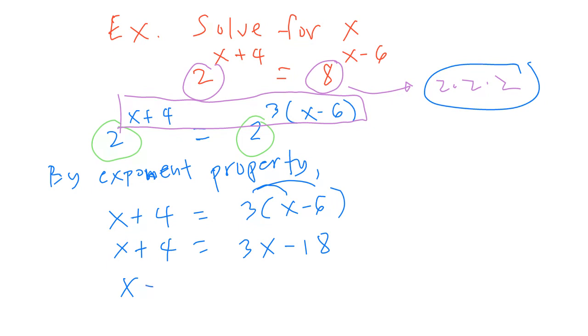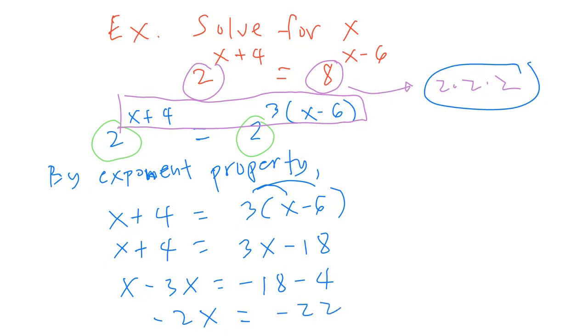It becomes a negative 3x here. And moving 4 to the right. So that's from the left side of the equation. So it becomes a minus 4. And then we have now negative 2x. X minus 3x is negative 2x. And then negative 18 minus 4, that should be a negative 22.